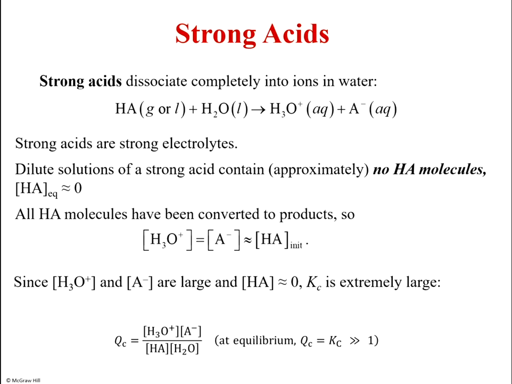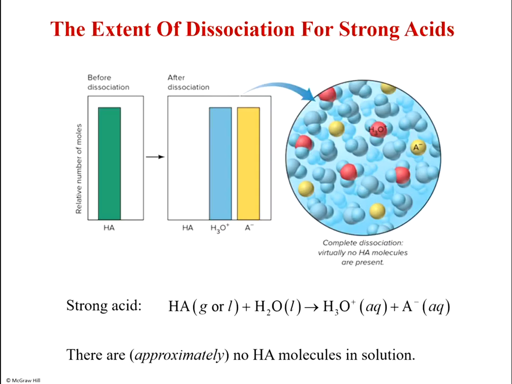It's much, much larger than 1. So the extent of dissociation is shown here. The before reaction is shown in the left-hand box, the green box, and then after dissociation, the HA goes to very close to zero, and hydronium and A- become equal and large. And so there are approximately no HA molecules in solution.